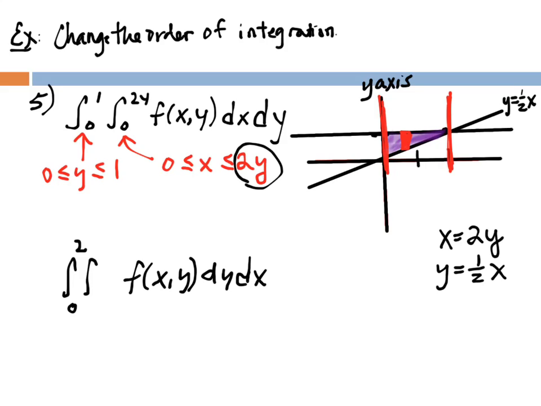It starts at that diagonal line. This minimum for my y value is actually the line that's x over 2. So down here in my limits of integration, I have x over 2 as my lower limit. What is my upper limit of integration then? 1, and it's constant, it never changes. So this is what my evaluation actually changes into when I change the limits around.